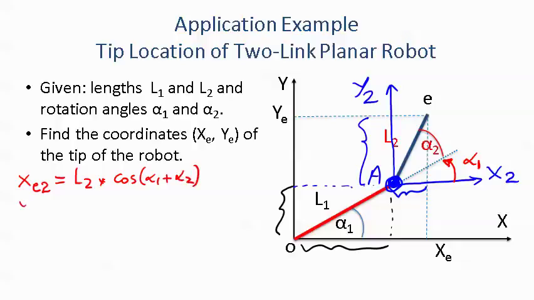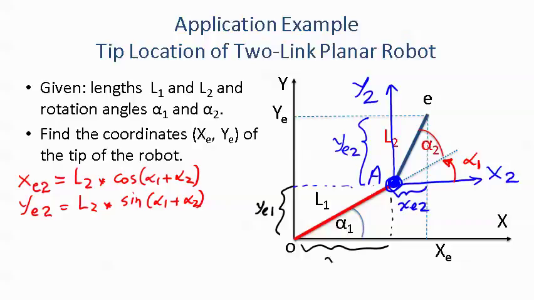The distance YE2 will be equal to L2 times sine of alpha 1 plus alpha 2. So this is YE2 and this is XE2. This is YE1 and this is XE1.